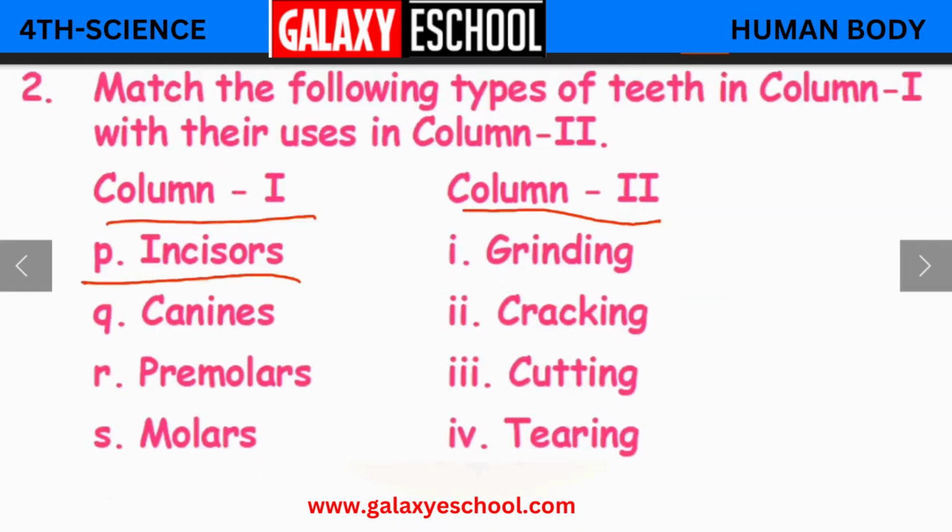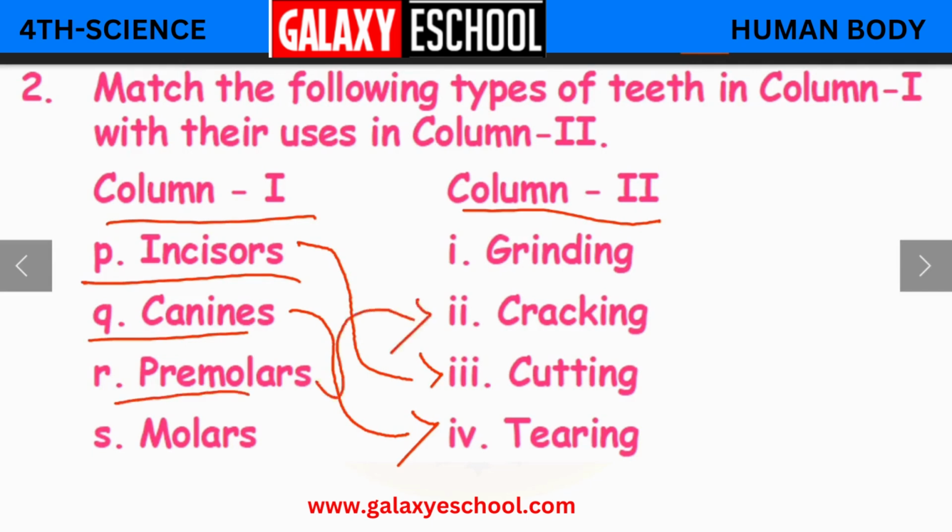Now we'll identify the work, what exactly they do. Incisors, children, the first 4 teeth, are used for cutting the food. Canines, that is Q, are used for tearing the food. Clear? And R, which one? These are premolars, used for cracking the food.